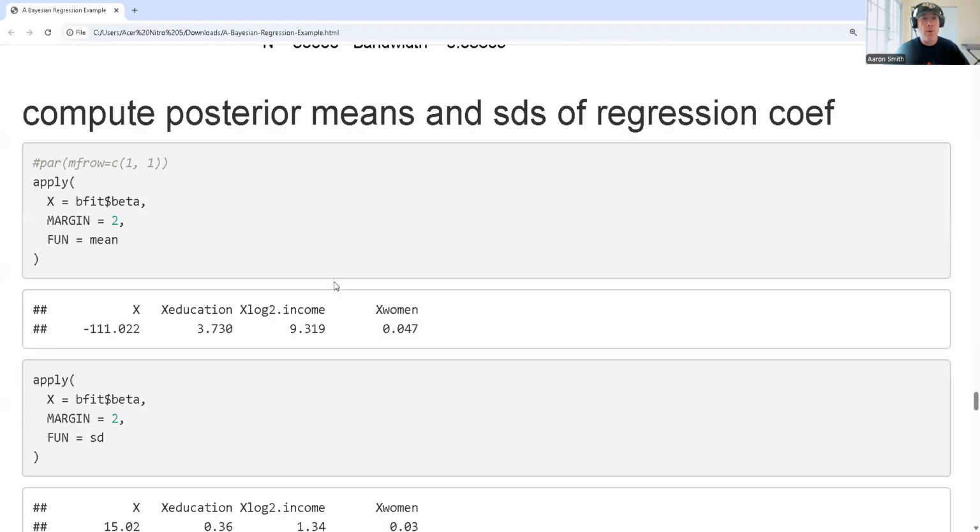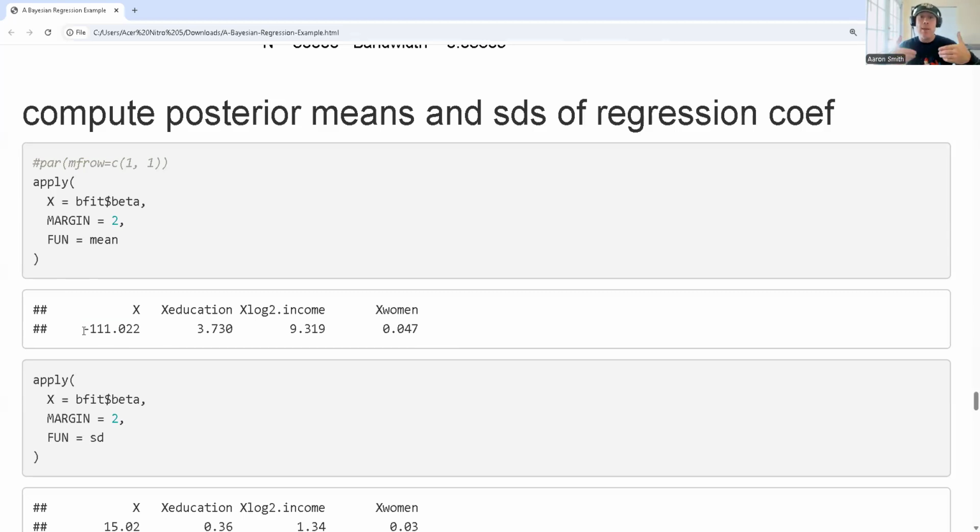Now let's compute the posterior means and standard deviations of the regression coefficients. This is how Jim did it. I could have used column means also, which may be a little bit easier. Here we see results consistent with the visualizations we just looked at. This is what we're probably going to end up using as our punchline.